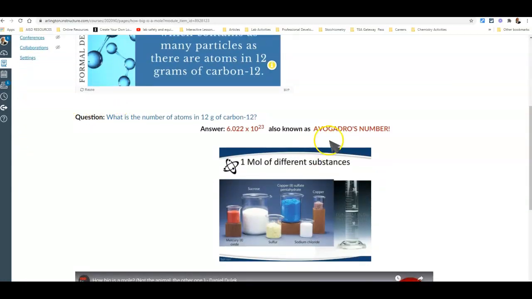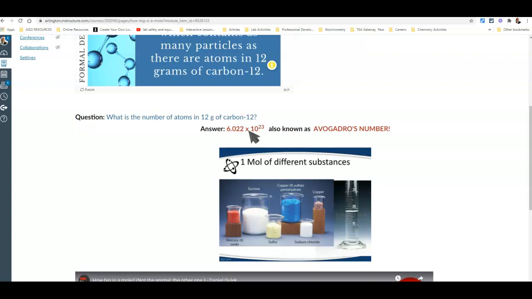Now, the main thing you have to remember in this module is that 1 mole is equal to Avogadro's number. And what's Avogadro's number? That is 6.022 times 10 raised to the power 23. That is 1 mole. Okay?